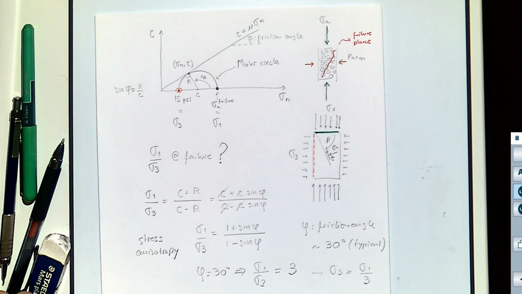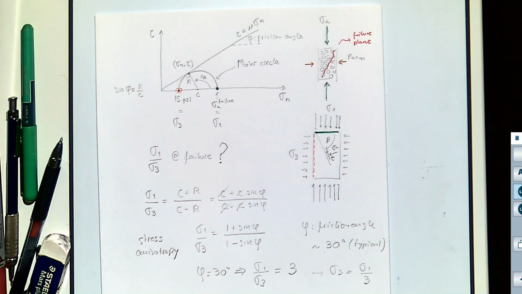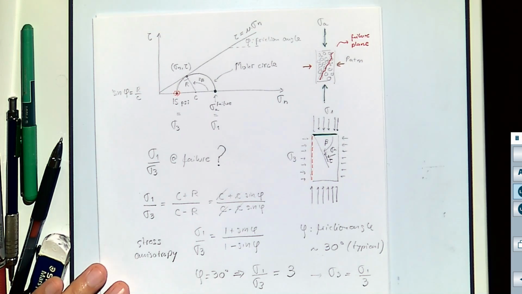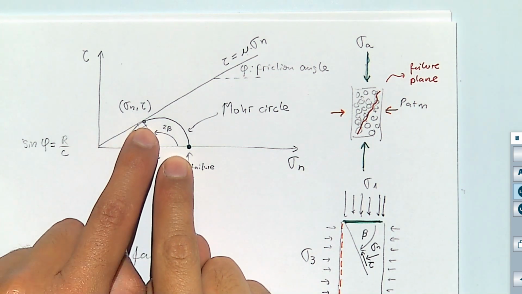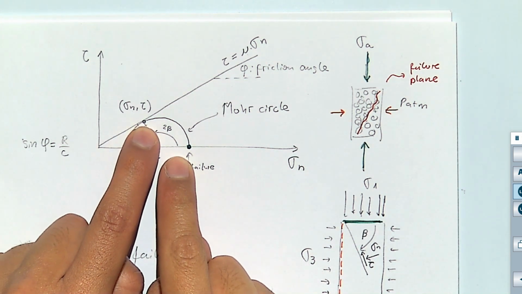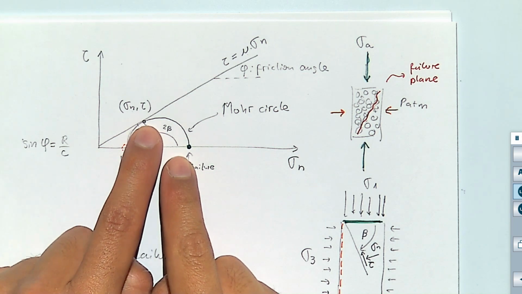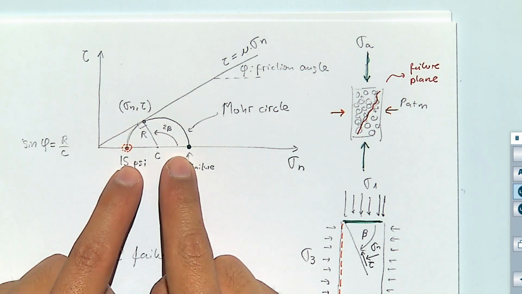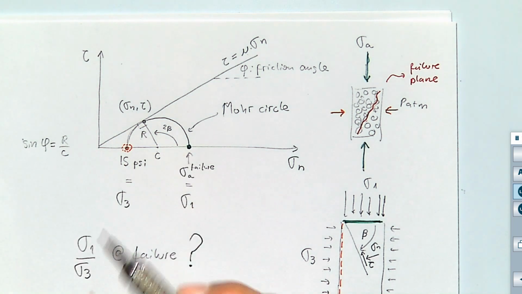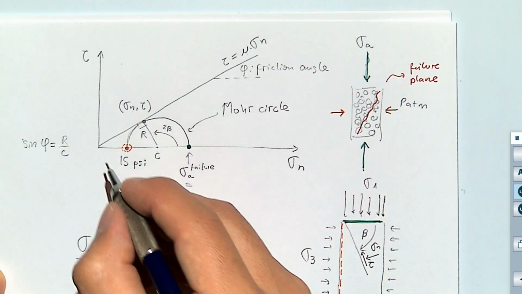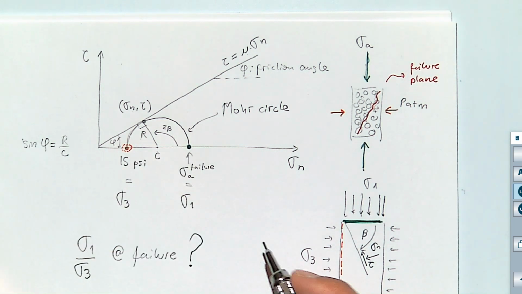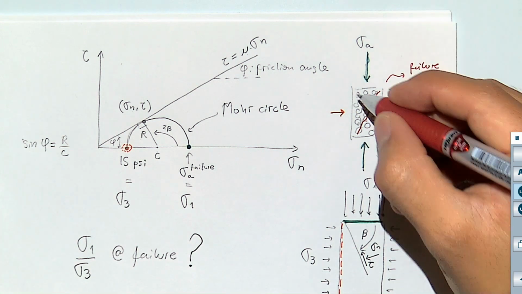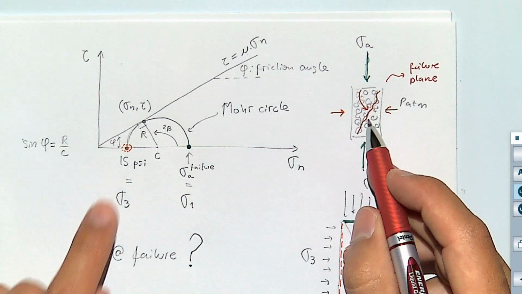Another thing that I wanted to answer today, what is going to be that angle? Notice that a rock fails when the circle touches that line, that is, when the circle is tangent to that line. If this is a friction angle, and this is a friction angle too, because this is a horizontal line, what is the angle I need in order to get to that maximum point?